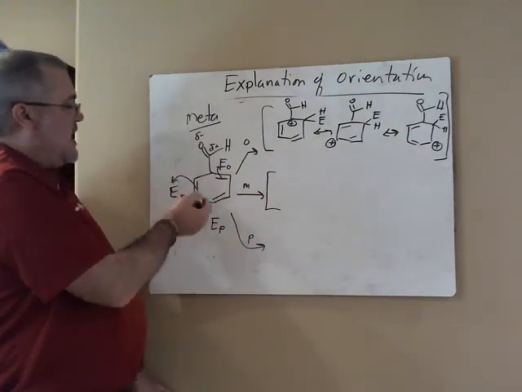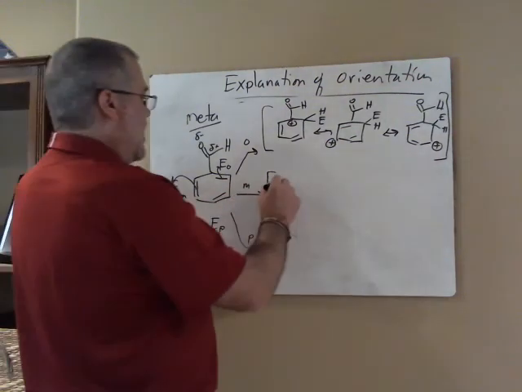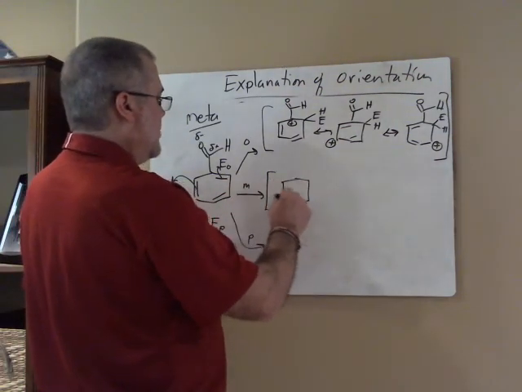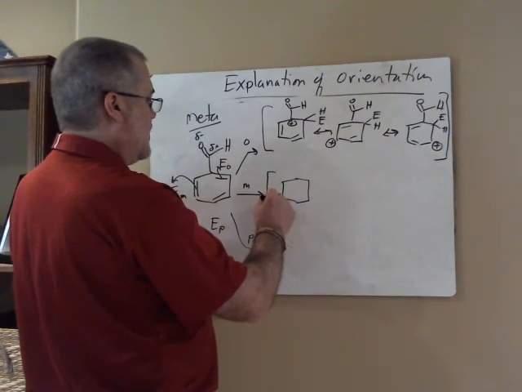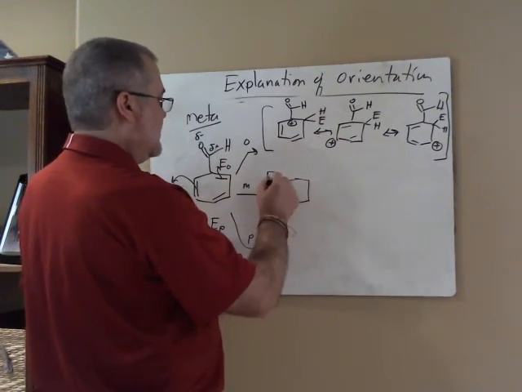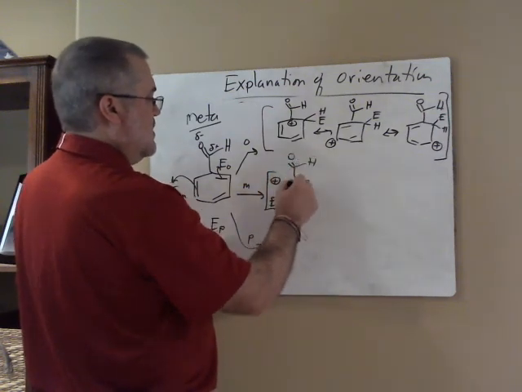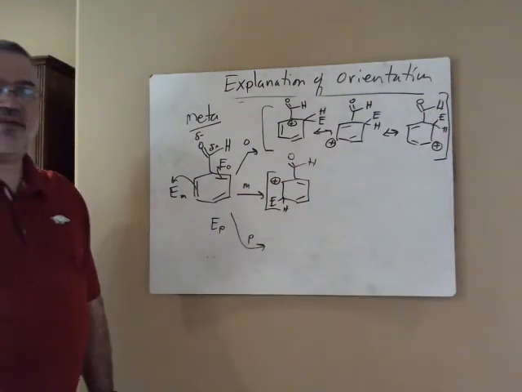So first, now I'm going to show it's this pi bond that breaks and forms the new bond with the electrophile, showing it now in the meta position. And so when that happens, it's going to be this carbon that's deficient. And then I have my other two double bonds that haven't changed.